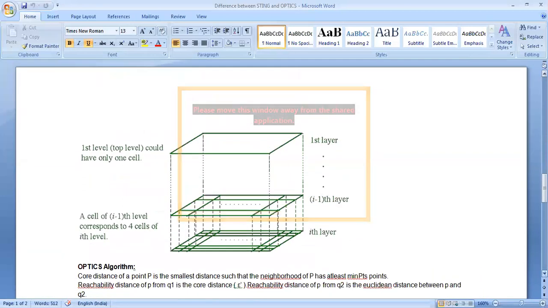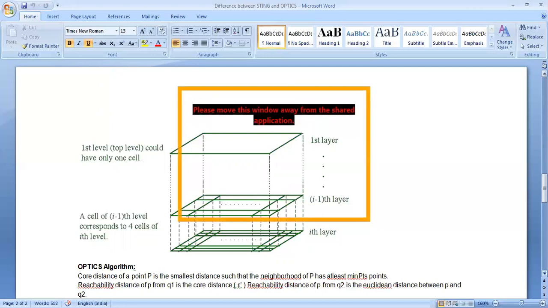As shown in this diagram, at the bottom level, or ith level, there are smaller size grids, and at the (i minus 1)th layer, a certain number of smaller grids, here four, combine together to form a single grid.